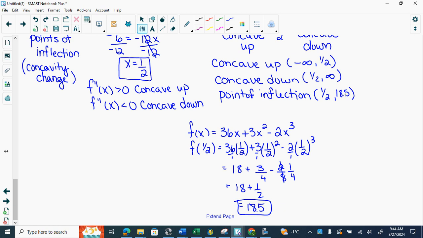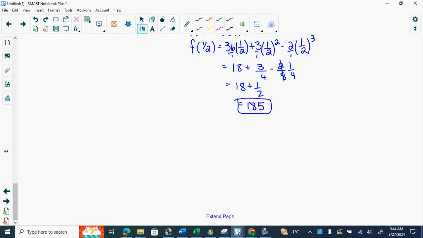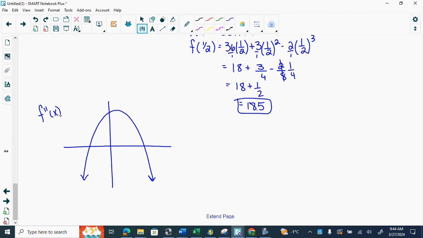So, going back to what we did before, if I gave you f double prime of x, this is A, that's B. If I give you f double prime of x, what does the A and B give you?